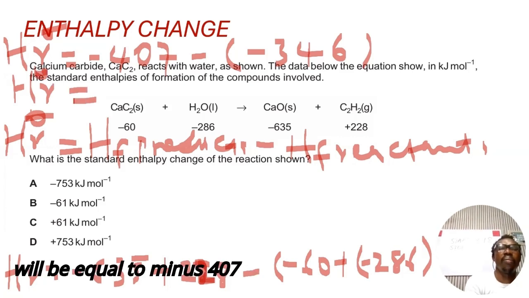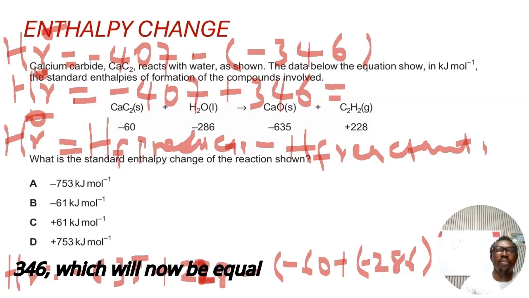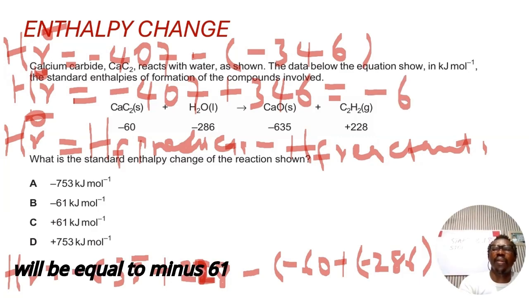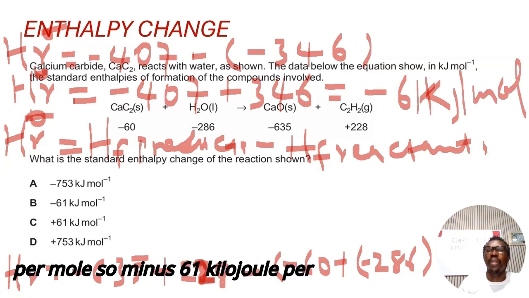So the standard enthalpy change of the reaction will be equal to minus 407 minus minus 346, which will now be equal to minus 407 plus 346, which will be equal to minus 61 kilojoule per mole.